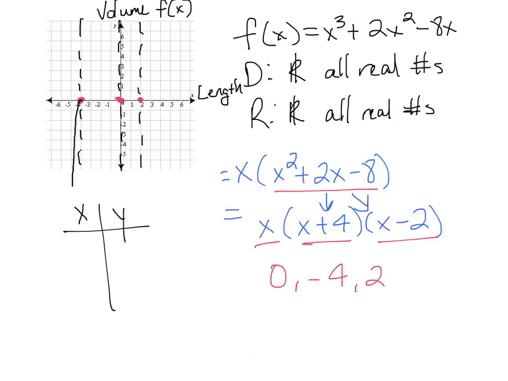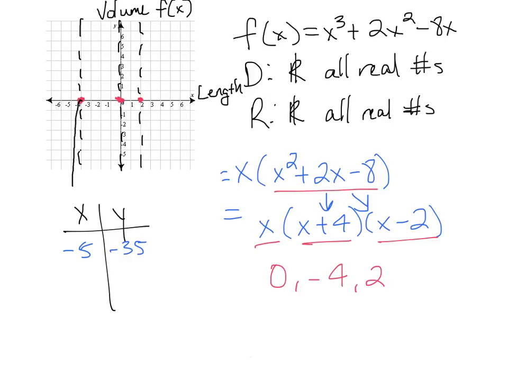All right, now between -4 and 0, well, let's see. -3, if I plug that into my function, -3 cubed plus 2 times the quantity of -3 squared minus 8 times -3, I end up getting 15. So I'm going to fill out the values that I got. For -5, I got -35.